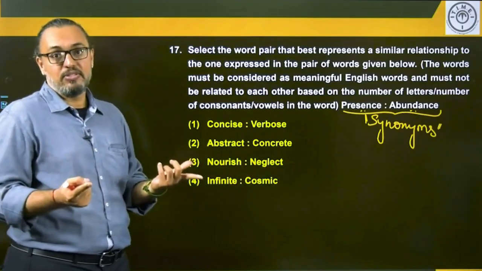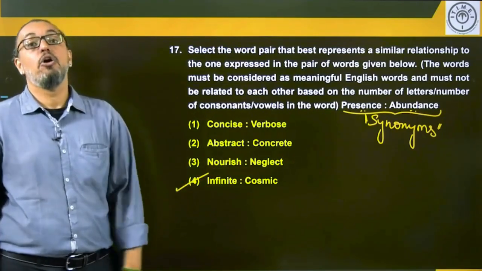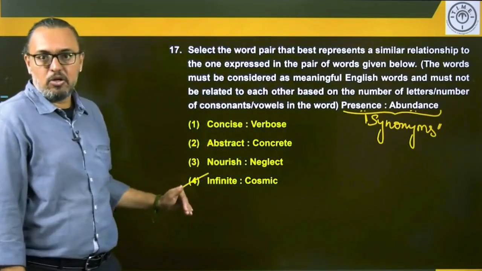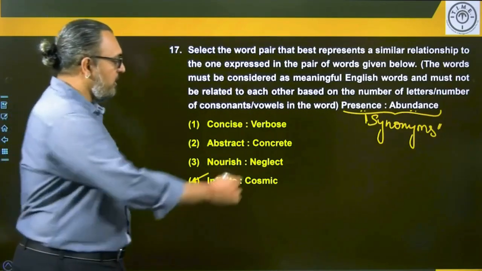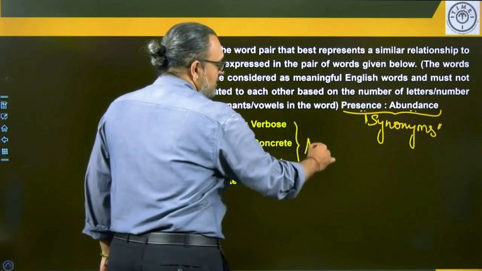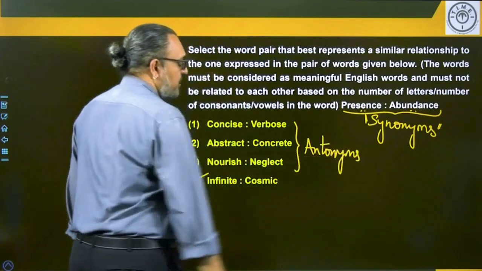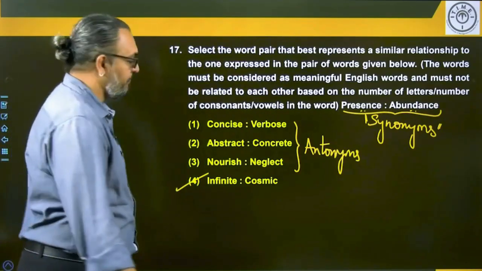Again, they are opposites. So, they are synonyms. So, this is my answer. Infinite and cosmic. These are your similar relation that is according to the given pair. Presence and abundance. So, these all are what we call as antonyms. The first three options are antonyms. Choice 4 is the answer. Okay.